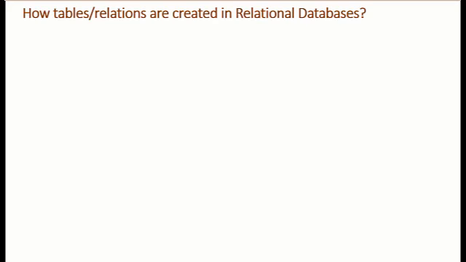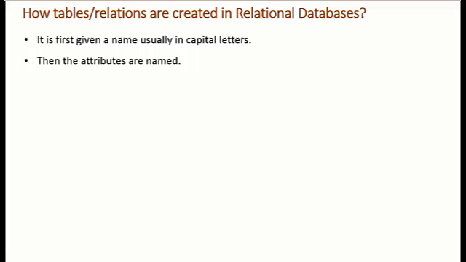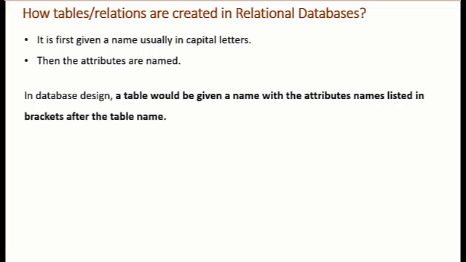How are tables or relations created in relational databases? First of all, a name is given to the table or relation in capital letters, and then attributes are named, and more than one attribute is separated by a comma within parentheses. In a database design, a table is given a name with attribute names listed in brackets after the table name, and all the attributes are separated by commas.